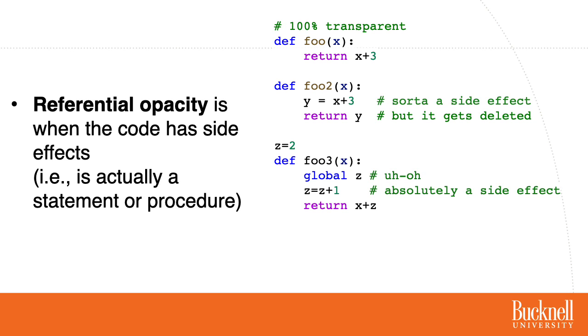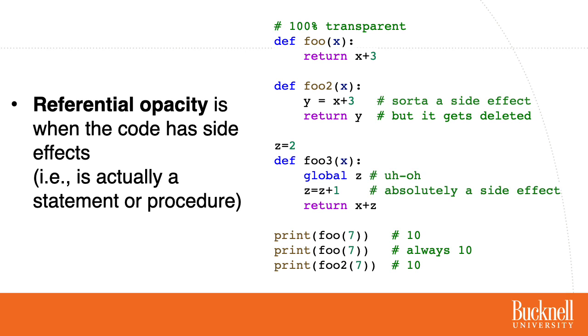Here's another example. Here we have a global variable z. We modify the z when the function is called. So let's see what happens. When we call foo on 7, we get 10. If we call it again, we'll still get 10. Same with foo2. 10, always 10.